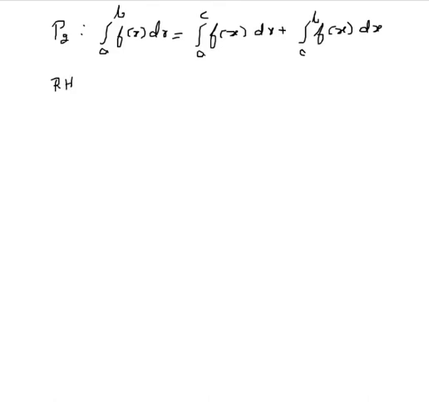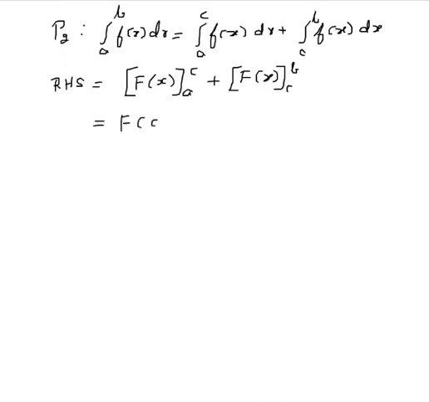Let us take the right hand side. Let the integral of f of x be capital F of x and the limits are a to c, and for the second integral the limits are c to b, where c lies between a and b.